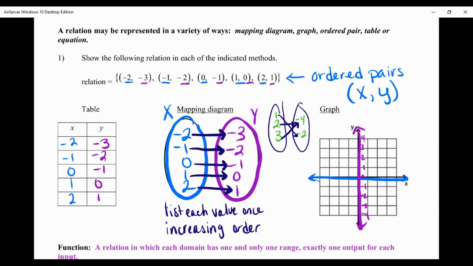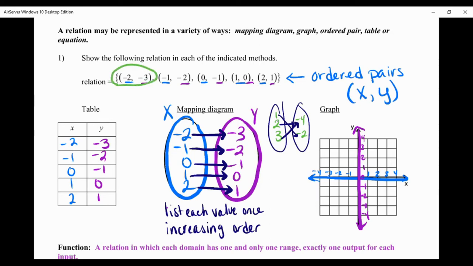And then the x-axis is also like a number line, positive to the right, negative to the left. So we're going to plot each ordered pair on this graph to represent the relation.